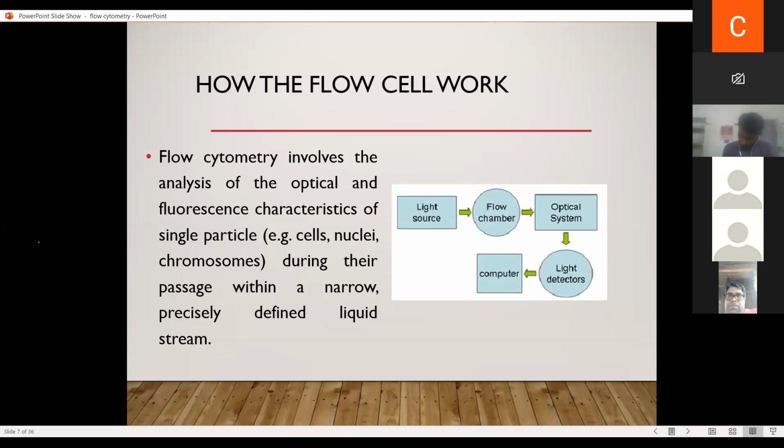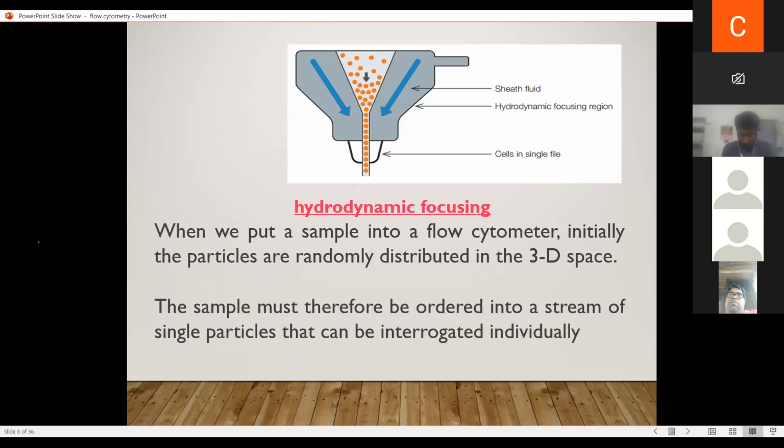After refracting and deflecting, when the light comes to the detectors, they detect it, and the computer system generates readable data which we can understand. Now, let us discuss the three systems, fluidics, optics, and electronics, one by one.